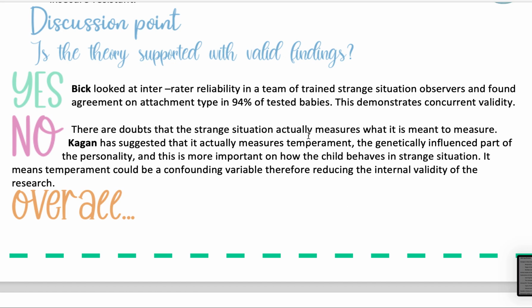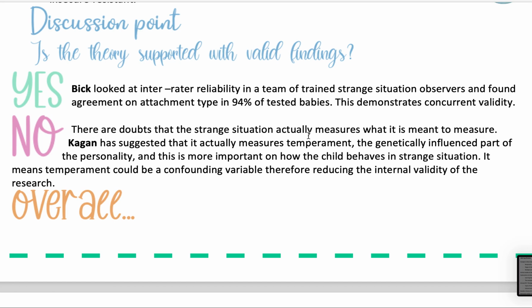So it's not actually that they are insecurely attached to their caregiver, it's just their personality type. So that is a confounding variable that reduces the internal validity of the research because it wasn't measuring what it intended to. It measured temperament rather than attachment type.